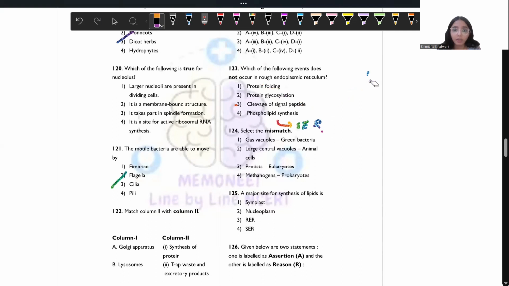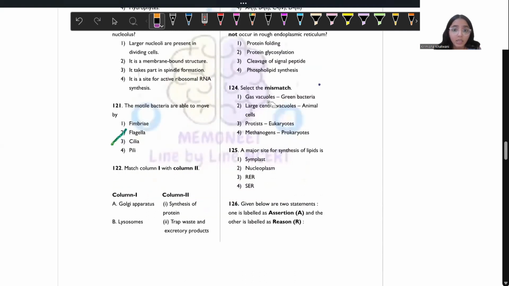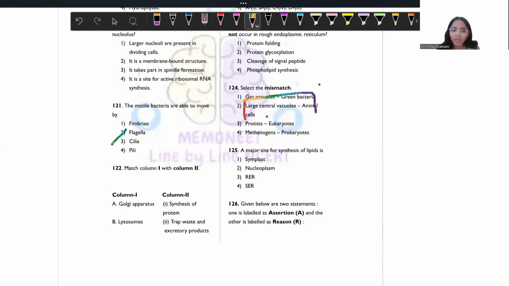Next is 124th question. What does it say? Let us see. It says, select mismatch. Gas vacuole, green bacteria. Large central vacuole. Come on, that is a feature of plant cell. If at all one should know anything in this, it is this option only. Large central vacuoles are feature of plant cells, not animal cells.